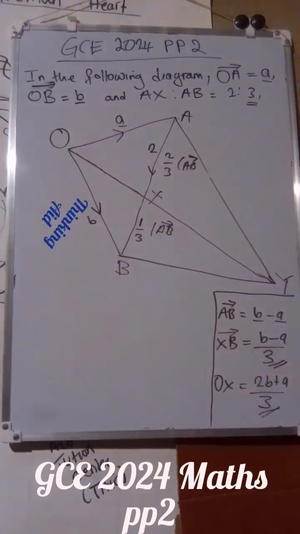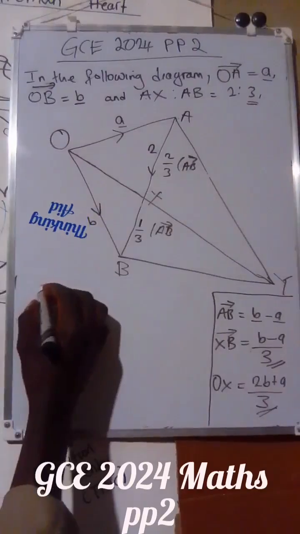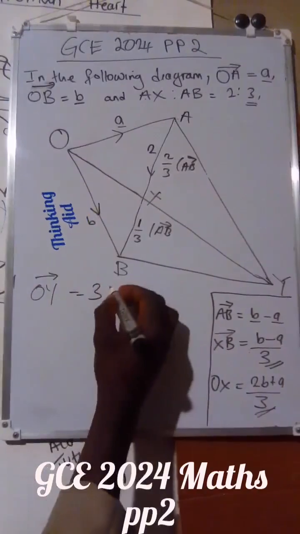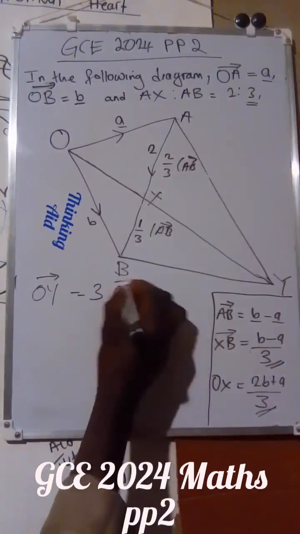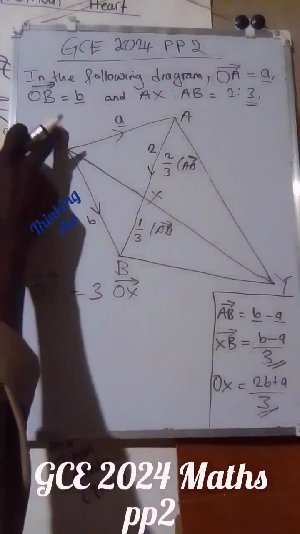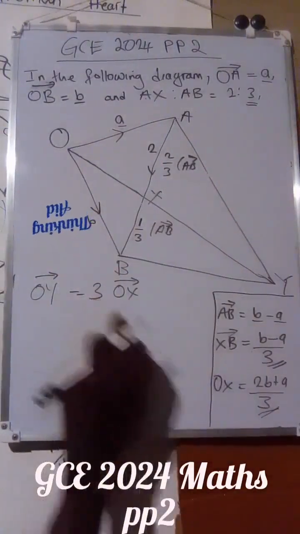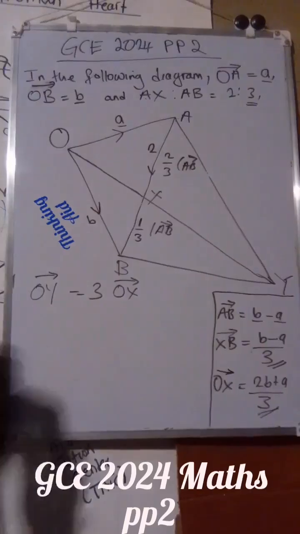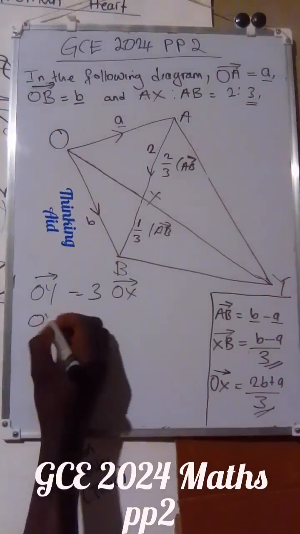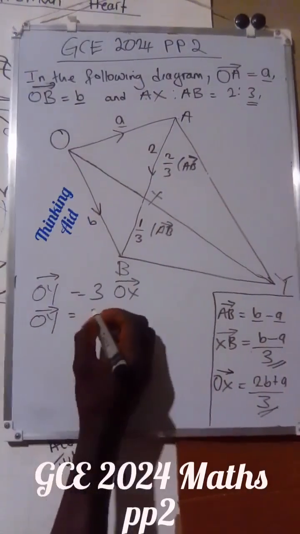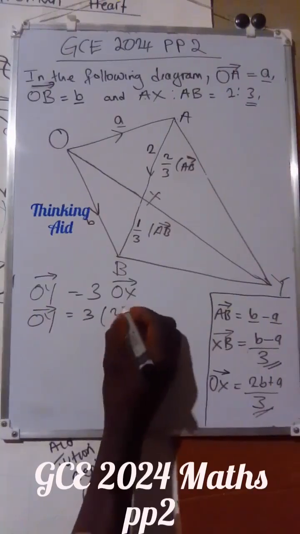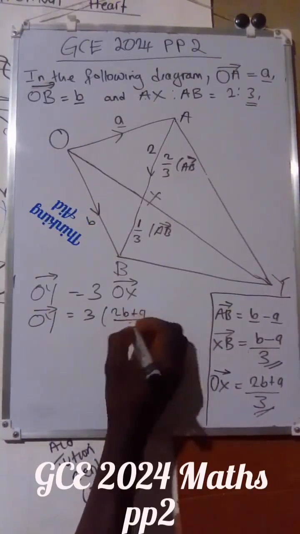Question 2 is saying, given that OY, the vector from O to Y, is the same as you multiply vector OX by 3. So vector OY looks like 3 times (2b plus a) over 3.